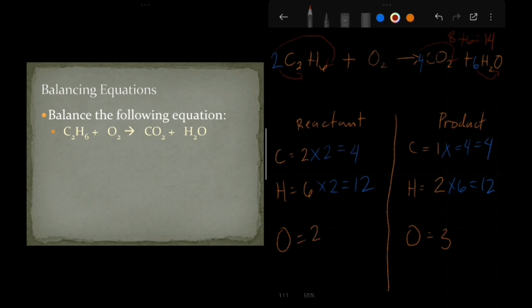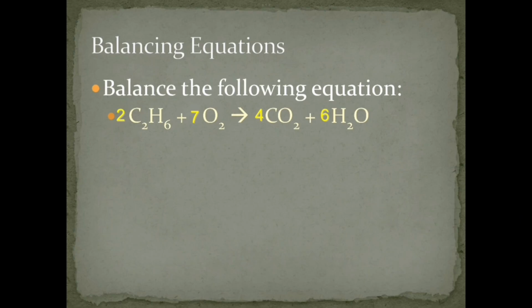Allow me to write it down here. So we got 8 plus 6, that will be 14. So we can write here on the oxygen 2 on the reactant side is 7. So you multiply it by 7, then that will be 14. So there, you have already the balanced equation of this complex chemical equation.